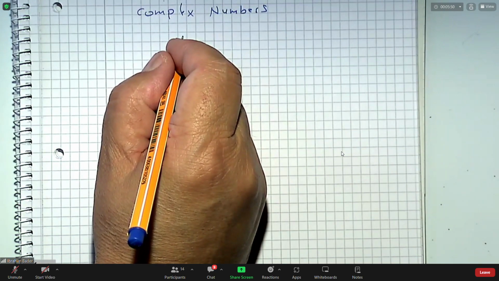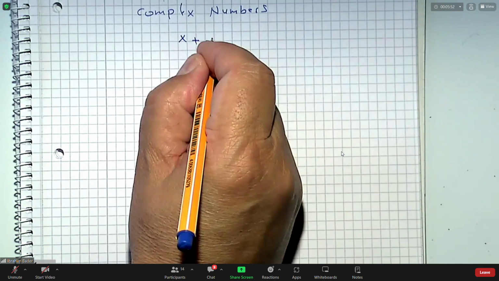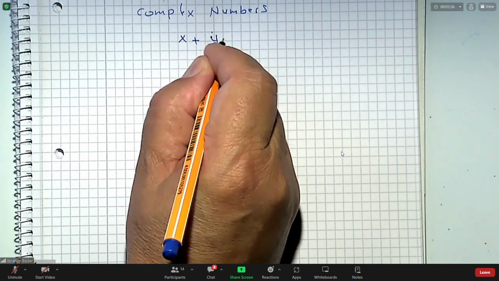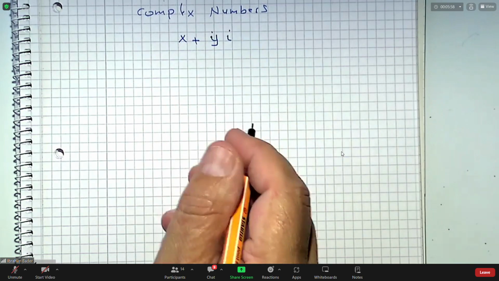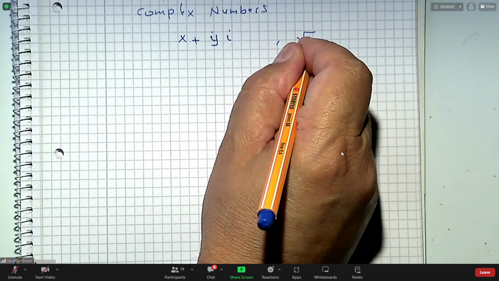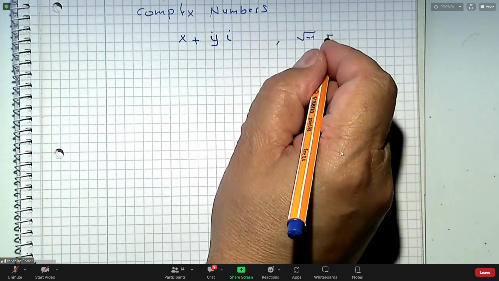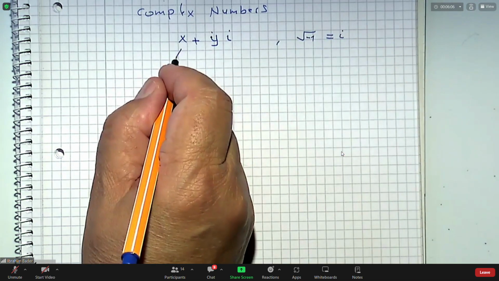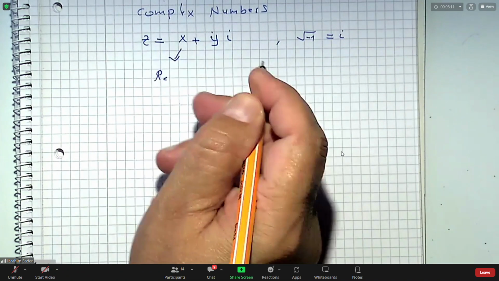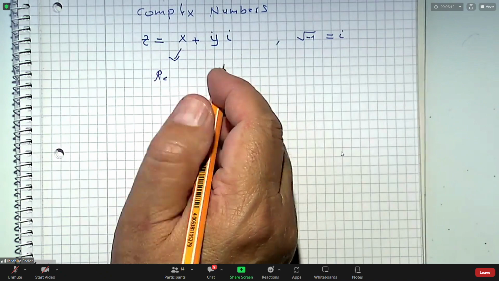So we said that the complex number is a number that contains two components, where one is called the real part. So usually we will be using Z to define the complex number.